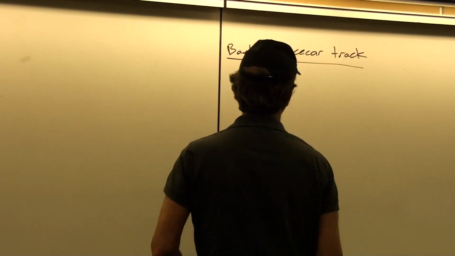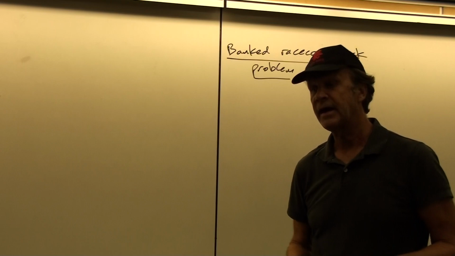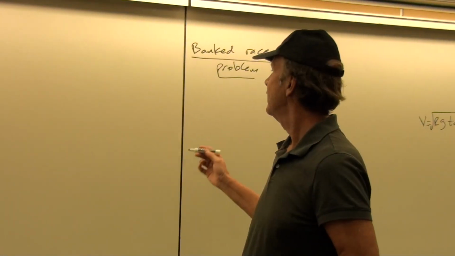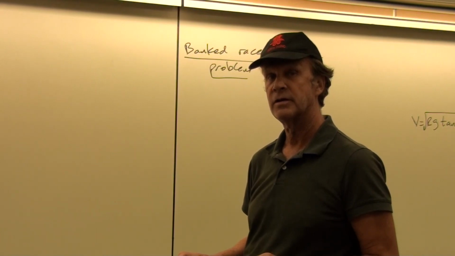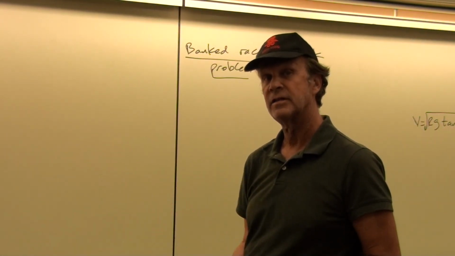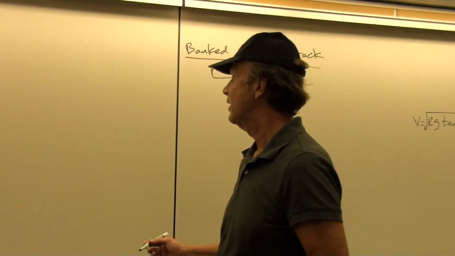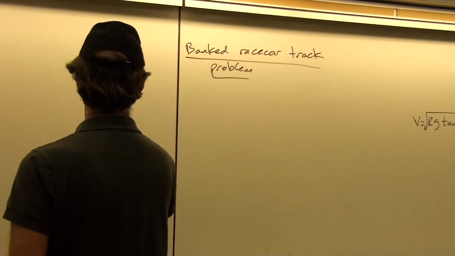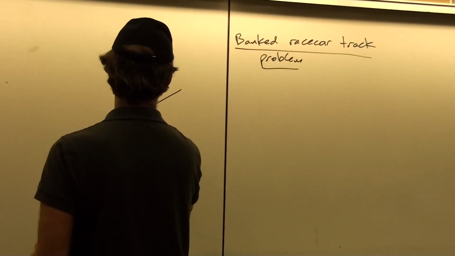Oftentimes, what is done in order to not have to rely so much on friction is to figure out how much you would bank a track for a certain velocity that would be a typical velocity that race car drivers would be taking on that track. And so for this problem, let's say that the angle is 30 degrees.